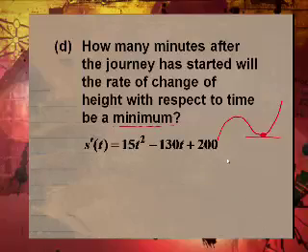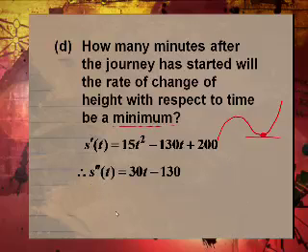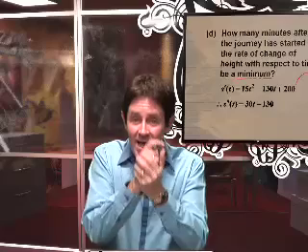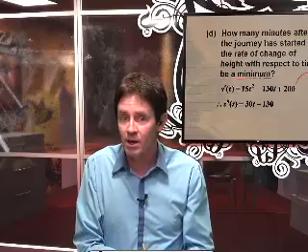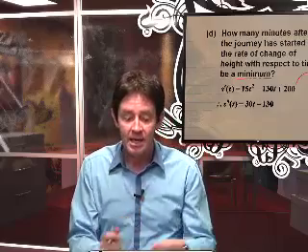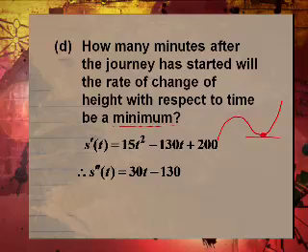So there's your derivative, and we equal it to naught here. But now the challenge is that it says after how many minutes will the rate of change, this is tricky, be a minimum? So what it's saying now is you must minimize the rate of change. This is for you guys who are going for an A. You have to differentiate the rate of change, which means you get the second derivative.